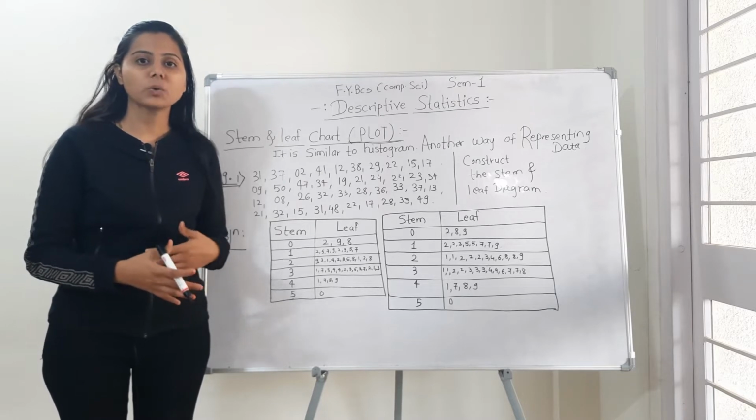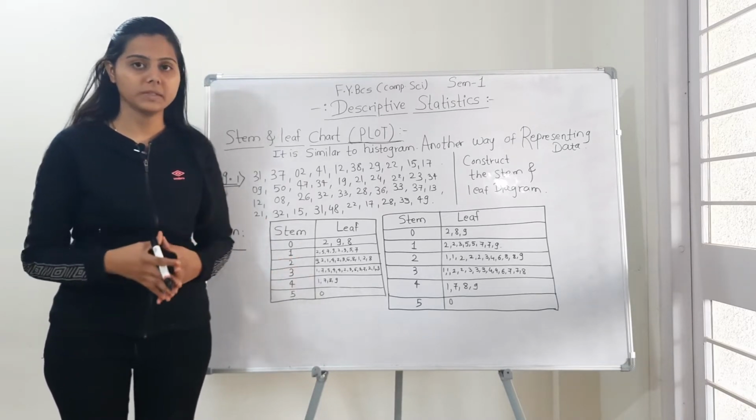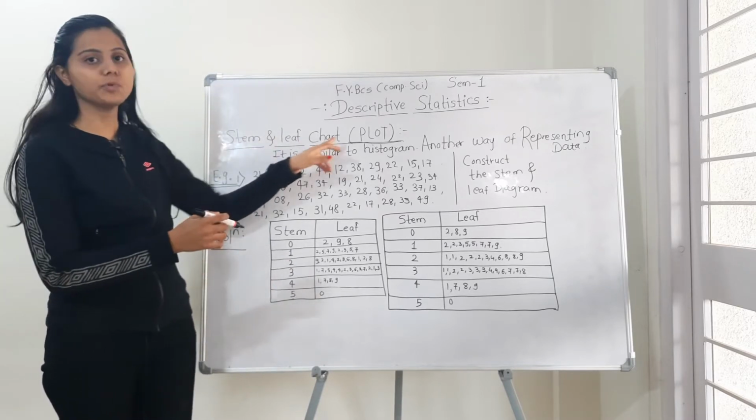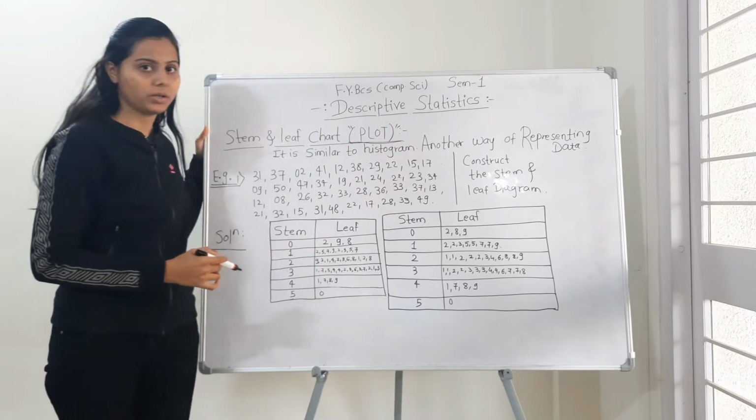Today we are going to learn a new method for graphical representation of data, and that method is the stem and leaf chart. It is also known as a stem plot.